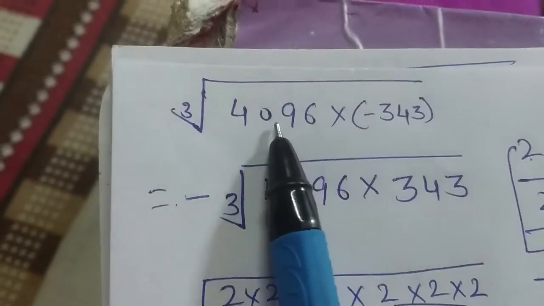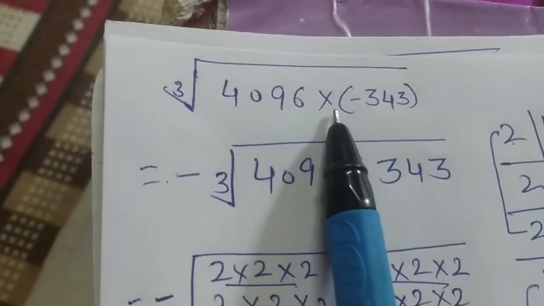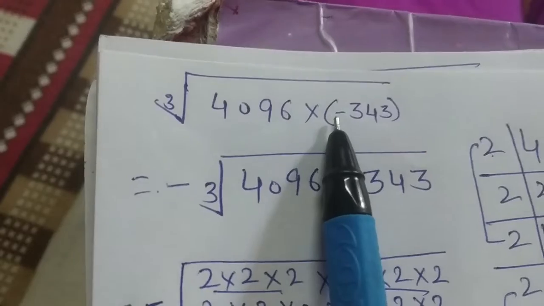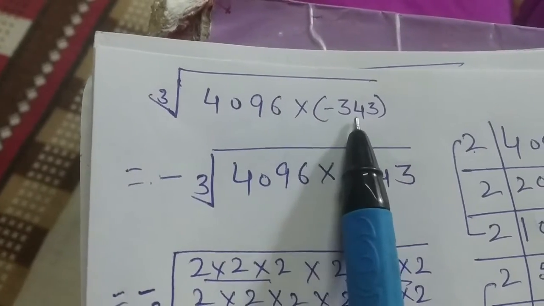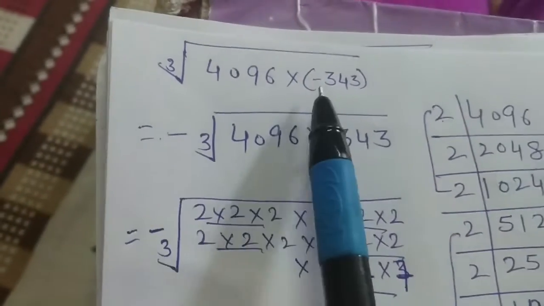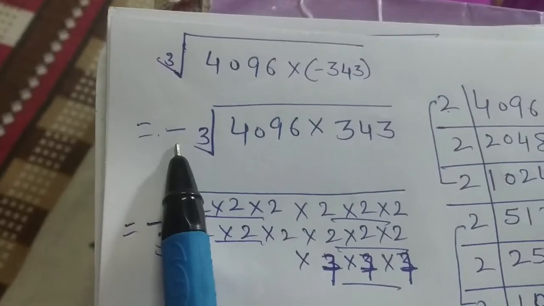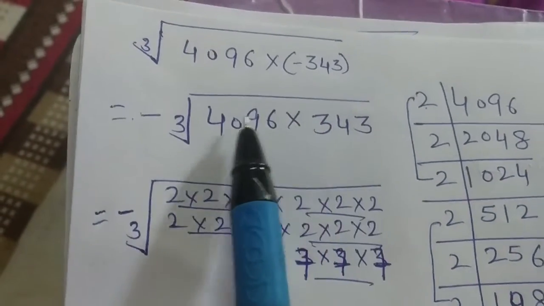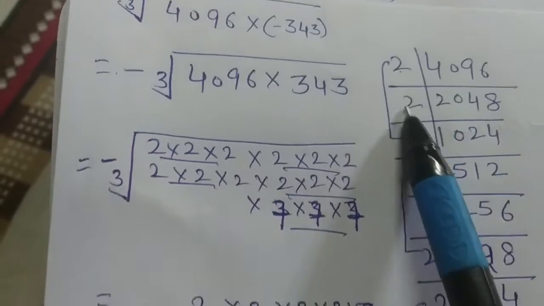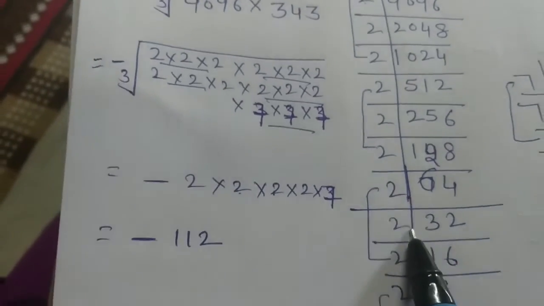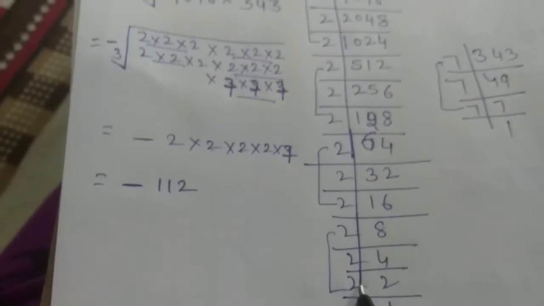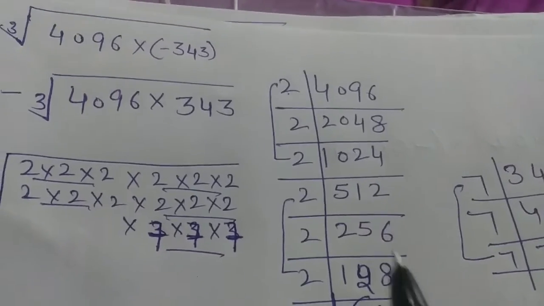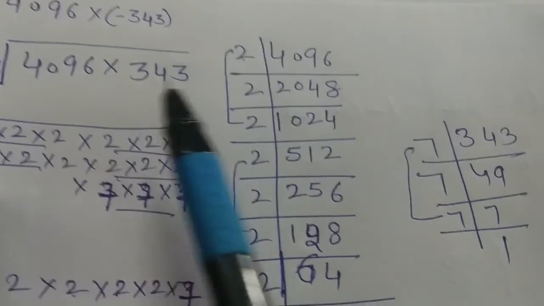Same here. See this question. Cube root of 4090 multiplied by minus 343. Take the minus sign out of the cube root and write these two numbers like this. Then find the prime factors of these numbers. See here I have found the prime factors, and then the prime factors of 343 here.